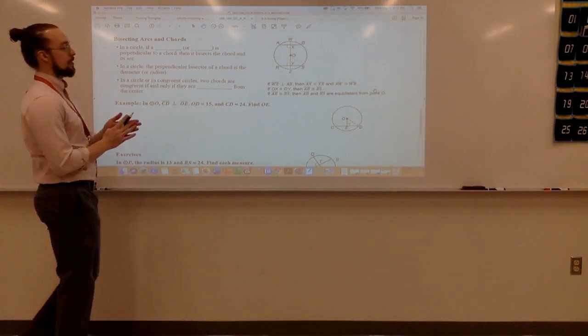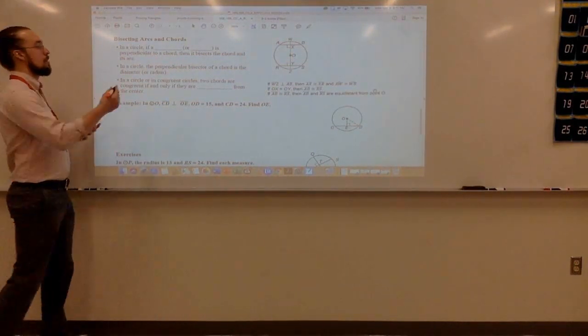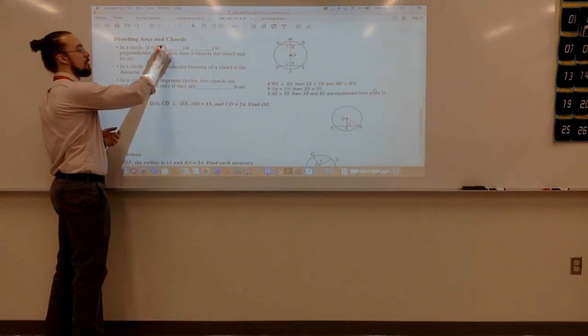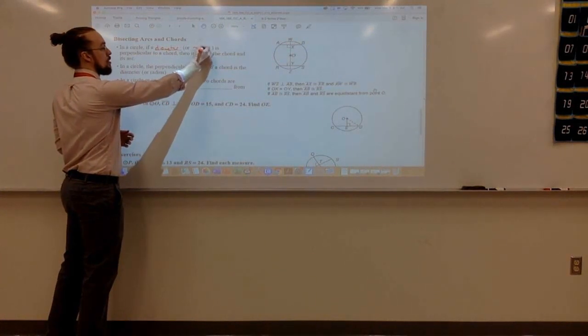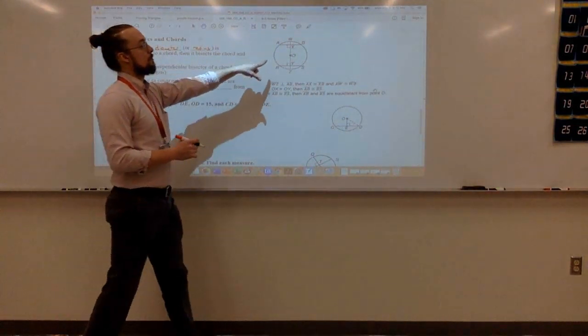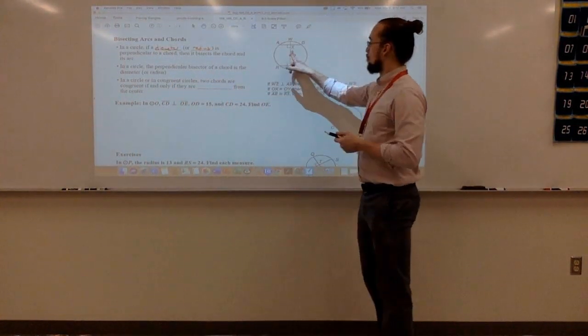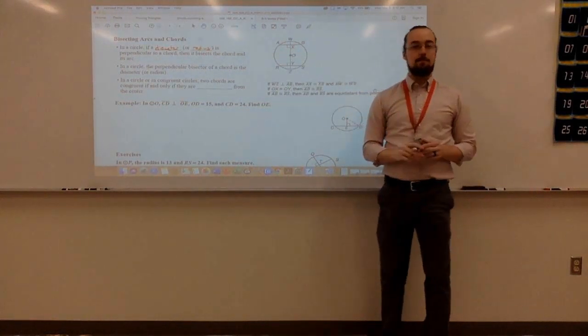On the back, the next property that we're going to take a look at is that in a circle, if a diameter or radius, either one, is perpendicular to a chord, then it bisects the chord and its arc. In this figure, we can see that radius OW is perpendicular to chord AB.